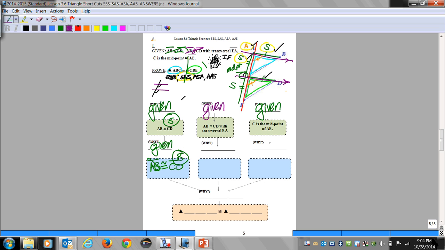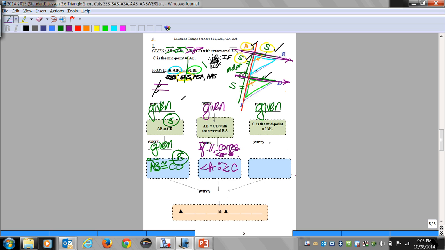Now, because of the parallel lines, we got angle A is congruent to angle C. And the reason is if parallel, corresponding angles are congruent.